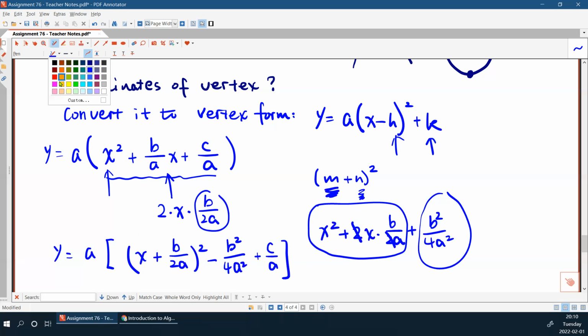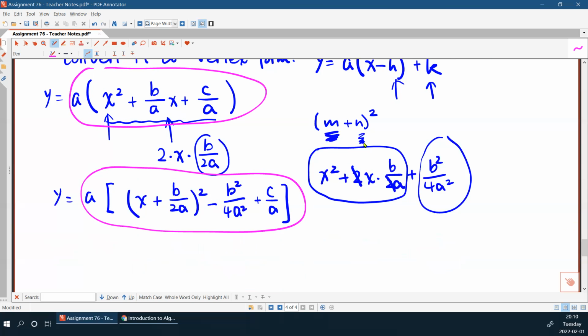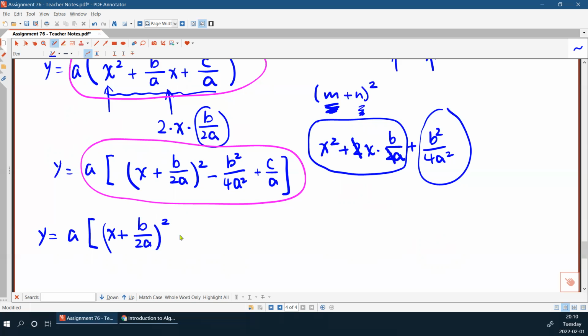Then this part is exactly the same as this part. Can you see that? Can you follow me? Yes. Okay, so next, we just need to simplify all the terms in the brackets, right? That means x plus b over 2a squared.